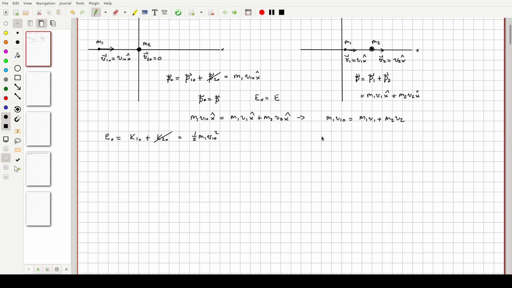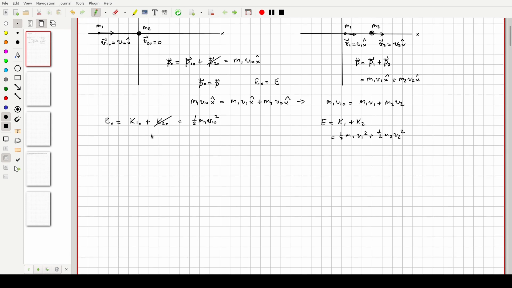Now, after the collision, our energy is going to be in the kinetic energy of both of these masses, 1 half m1 v1 squared plus 1 half m2 v2 squared.